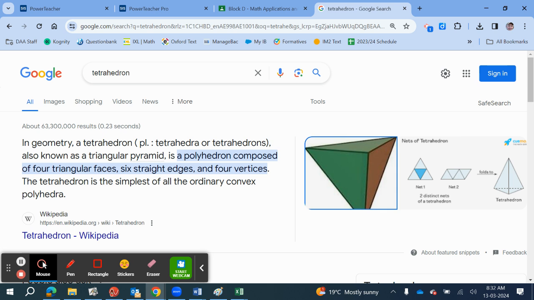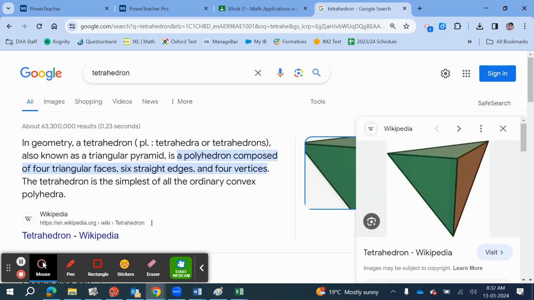Here we go. Tetrahedron. D4. We've got one side that we can't see at the back there yet.